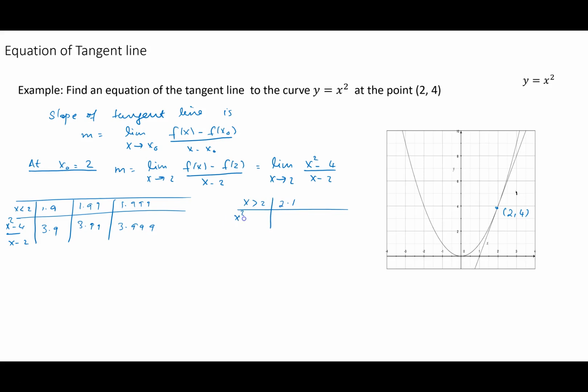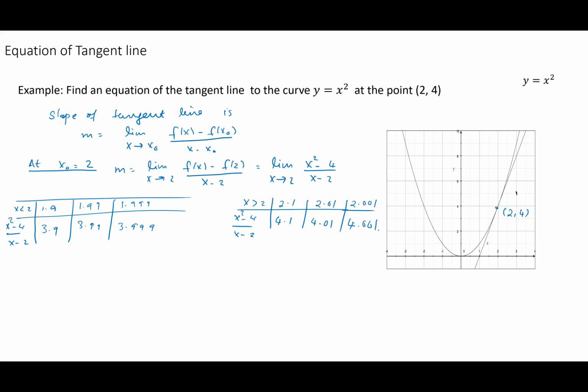When you plug in 2.1, the value of x squared minus 4 over x minus 2 is going to be 4.1. If you plug in x equals 2.01, the value will be 4.01. If you plug in 2.001, the value will be 4.001.